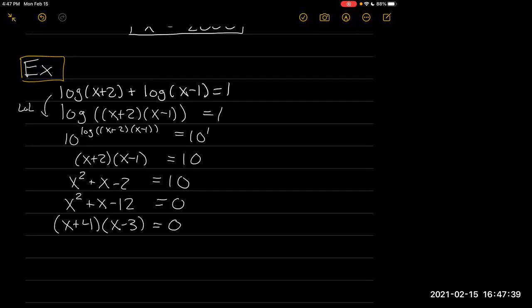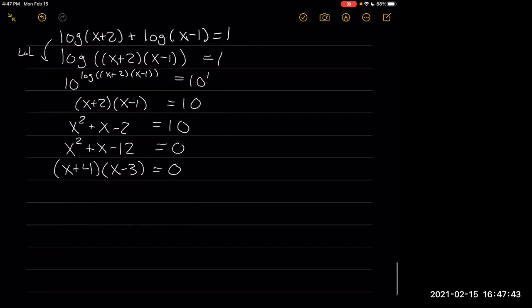Now we need to check if our solutions are defined. First we're going to look at 3. If we look all the way back to the top, log of x plus 2 plus log of x minus 1 equaling 1.